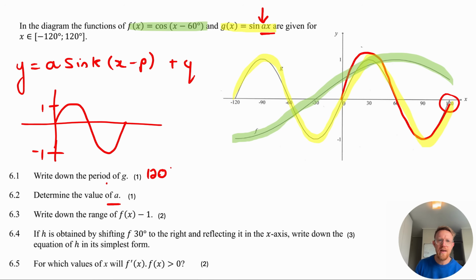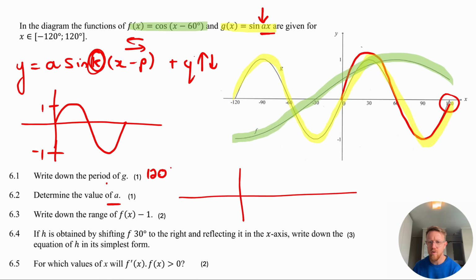Then this part here tells you if the graph has been moved up or down. This part here tells you whether we've gone left or right. And then this part here tells us whether we have been stretched in the horizontal direction. So the way that we tell that is a normal sin graph would normally complete its cycle in 360. That is the normal period of a normal sin or a cos graph.